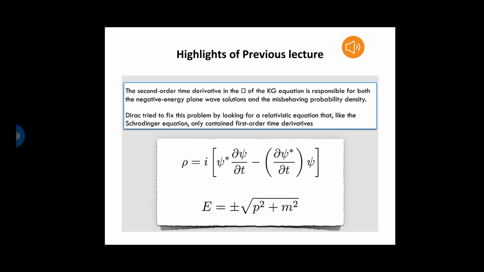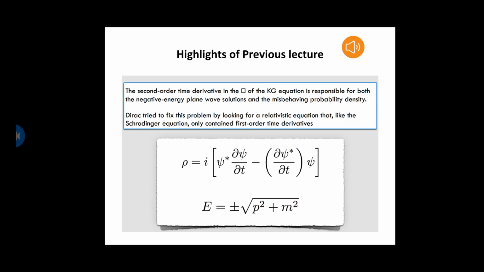The second order derivative in the Klein-Gordon equation is responsible for both the negative energy plane wave solution and the misbehaving probability density. We try to fix this problem by looking for a relativistic equation that, like the Schrödinger equation, only contains first order time derivative.